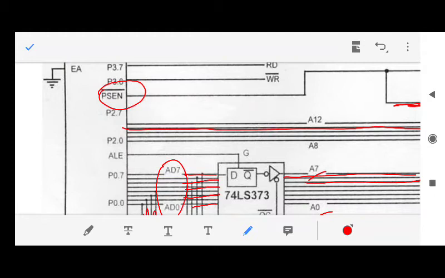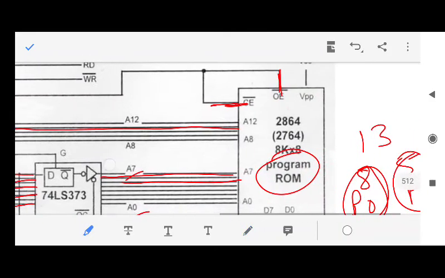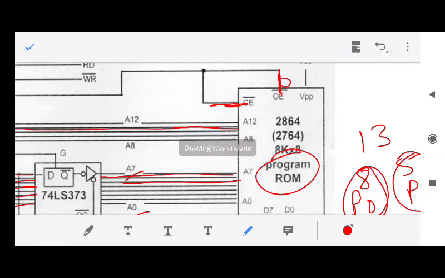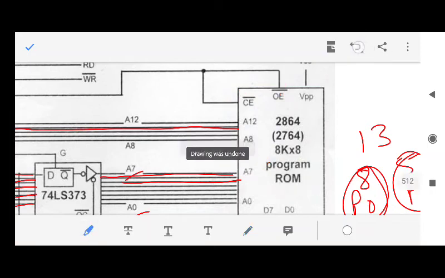So when the program is stored outside of the 8051, it will become 0. What it will do, this is also 0 and this is also 0, so it will enable this chip, and output enable means it will enable it to be read. Fine. So this is the entire diagram, and such questions will be asked to you in your exams. Fine.